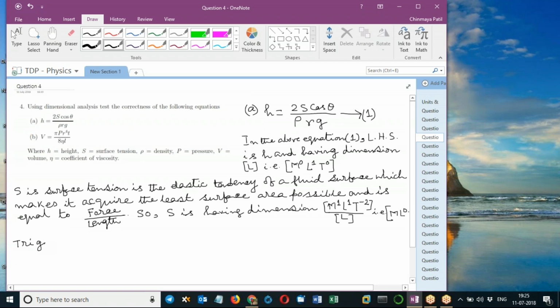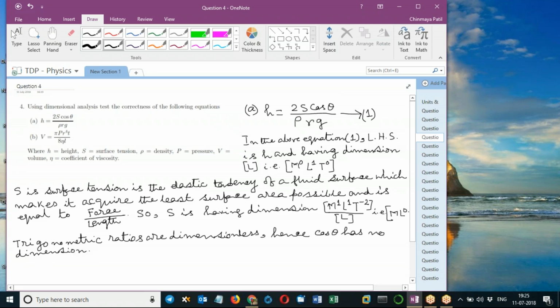Hence, cos theta has no dimension. Fine. Then what is the next one?